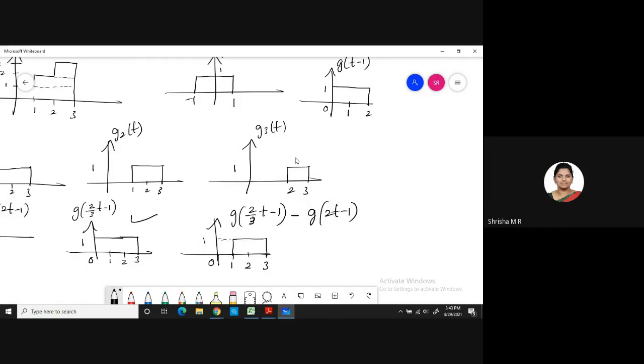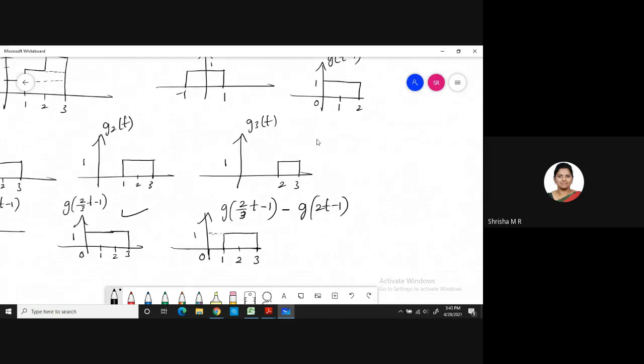We have got g1 of t, this is your g1 of t. This is your g2 of t. Now to get g3 of t, can I write like this? g of 2 by 3t minus 1 minus g of t minus 1.